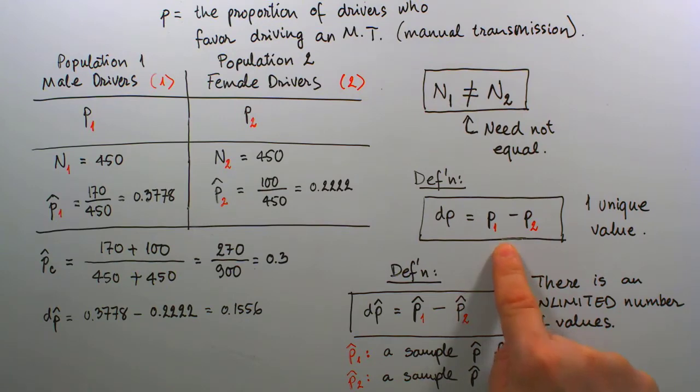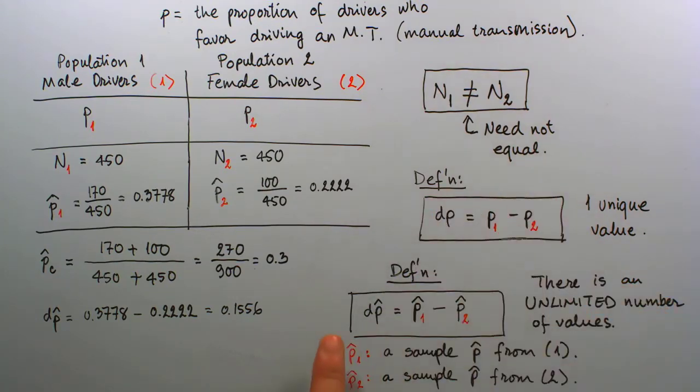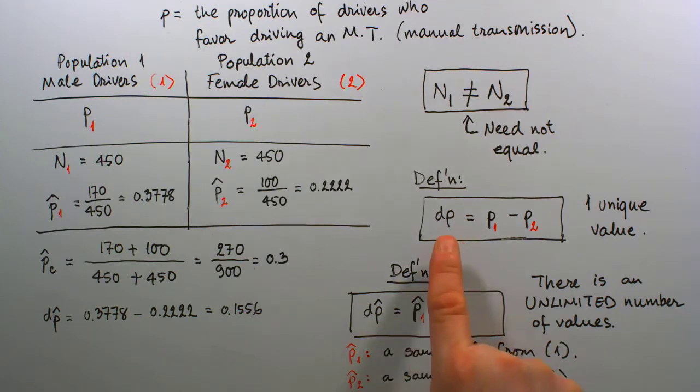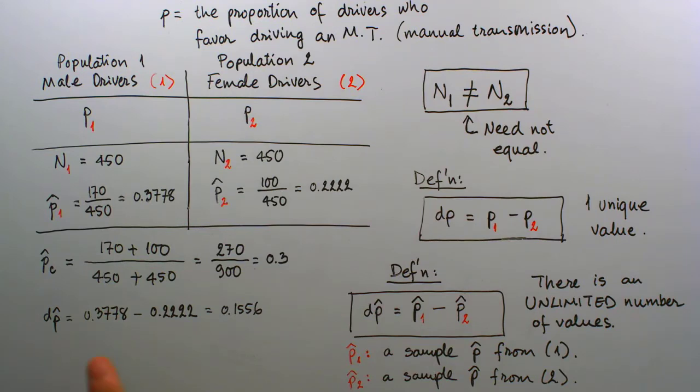But corresponding to this dp value that we're attempting to estimate, the sample value that we will be using to construct our confidence interval is this dp hat value. So dp hat is the sample value corresponding to the main population value that we are trying to estimate. According to the given information, we already have a sample value, which is the dp hat with value 0.1556.